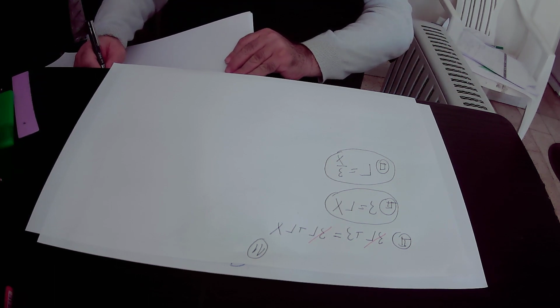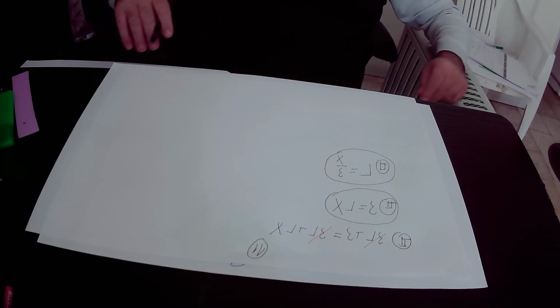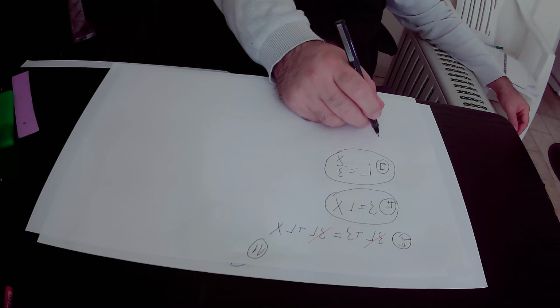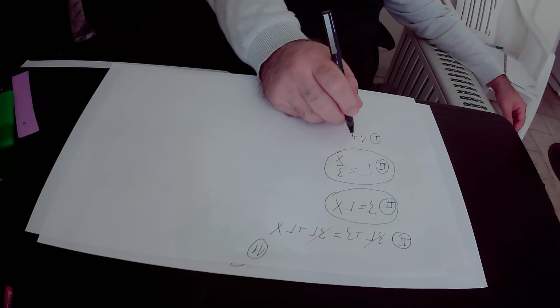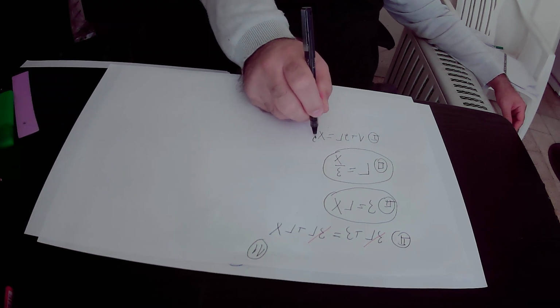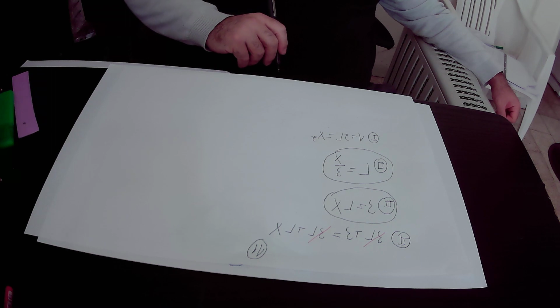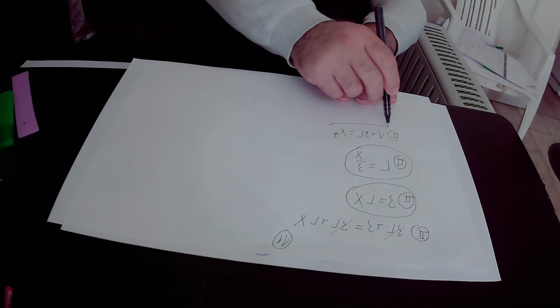We have already found out, according to equation number 1, that 1 plus 2r equals x squared.